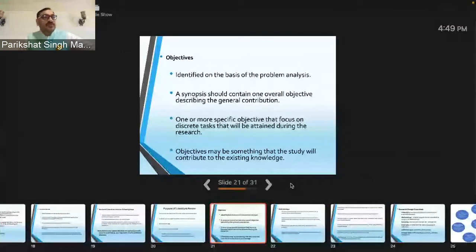Obviously, if you are doing a PhD or any research, there are going to be suggestions coming out of it. So what is the fun of having them as an objective? If no suggestions come out of your research, obviously it's not a right one. So that cannot be your objective. Such a generic statement cannot be your objective. So it has to be a pinpointed aspect which you have to look at and which you have to provide when you're working on it.